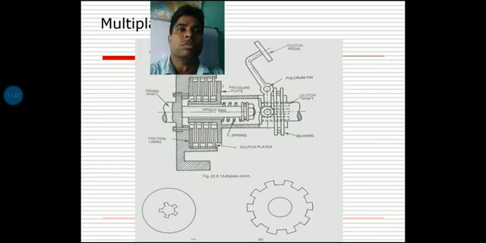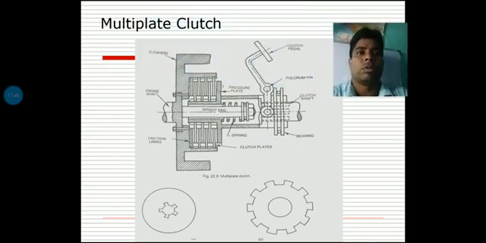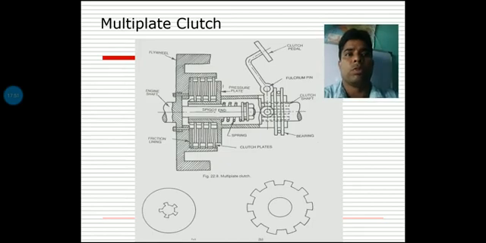Now this is a typical figure, one simple figure of a multiple clutch. In the single plate clutch and multiple clutch, from the right hand side to the left hand side, at the spigot end, in the middle section, three or four plates are engaged.